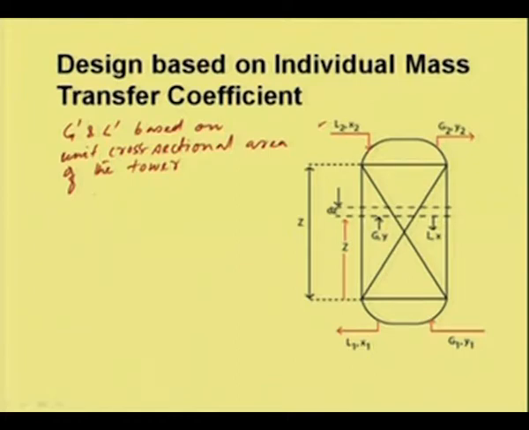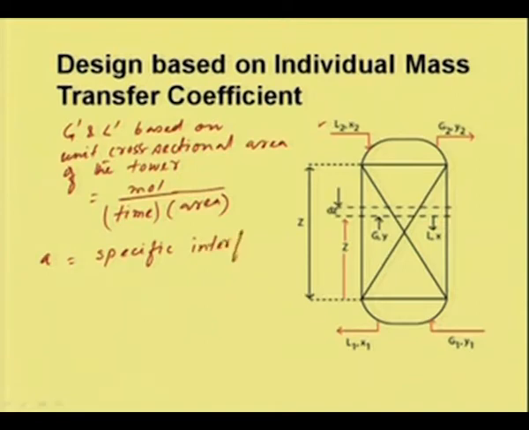So, it has unit of mole per time into area, and a is the specific interfacial area, this is basically based on unit packed volume.